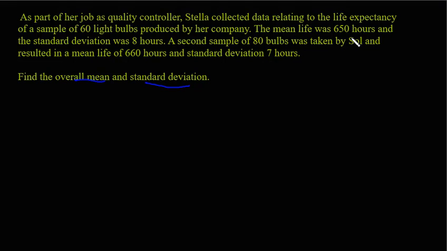The mean life was 650 hours and the standard deviation was 8 hours. A second sample of 80 bulbs was taken and resulted in a mean life of 660 hours and standard deviation of 7 hours. We need to find the overall mean and standard deviation.